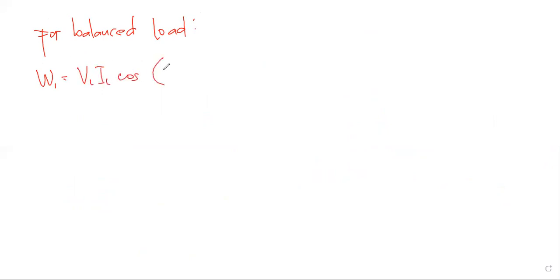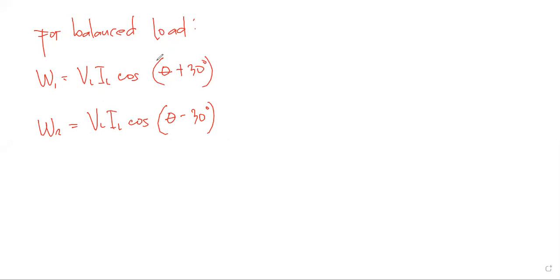So again, for balanced load, wattmeter 1 is VL IL cosine of theta plus 30. And then wattmeter 2 will have an indication of VL IL cosine of theta minus 30. Obviously this will have a unit in watts.